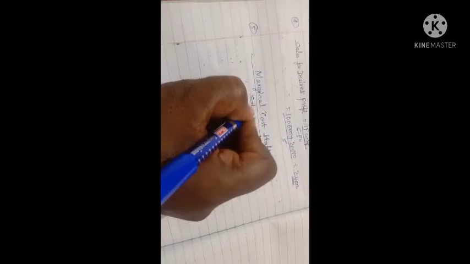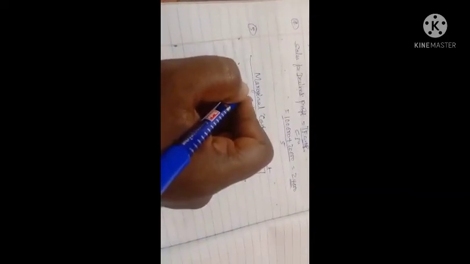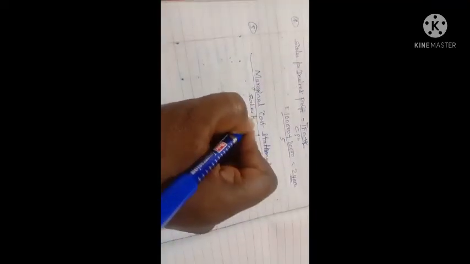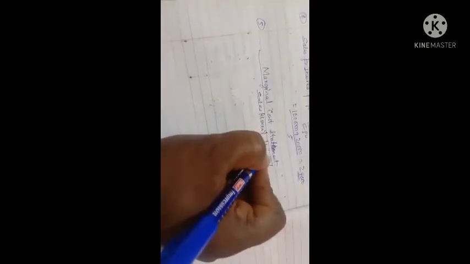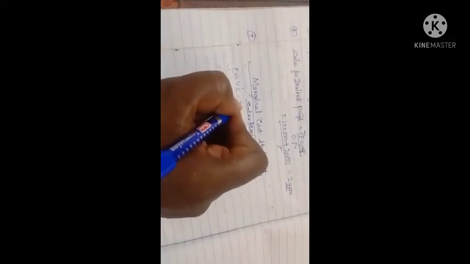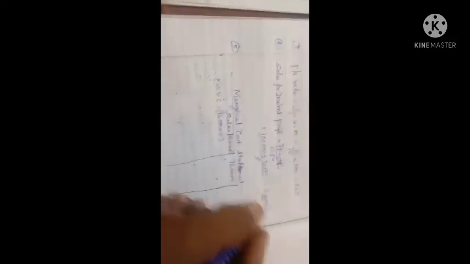Sales is given, 16,000 units sold at a rate of 10. 16,000 into 10, 1,60,000. Variable cost is 16,000 into rate is constant, so the same 5 rupees we calculated as variable, the same thing we have to take. 16,000 into 5, 80,000.